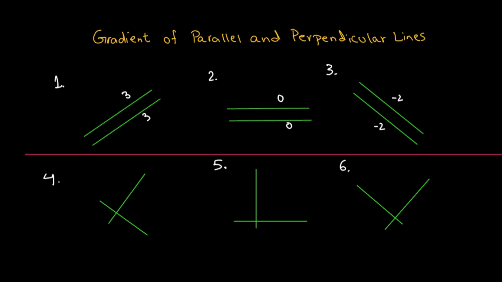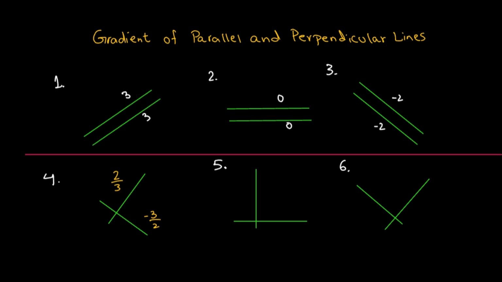Now, for perpendicular lines, remember that their gradients are always negative reciprocals of each other. For example, if the gradient of this line is 2 over 3, then the gradient of the line perpendicular to it will be negative 3 over 2, since negative 3 over 2 is the negative reciprocal of 2 over 3.